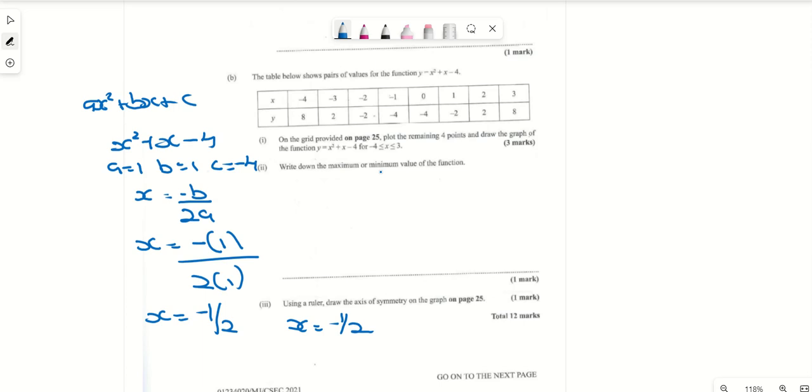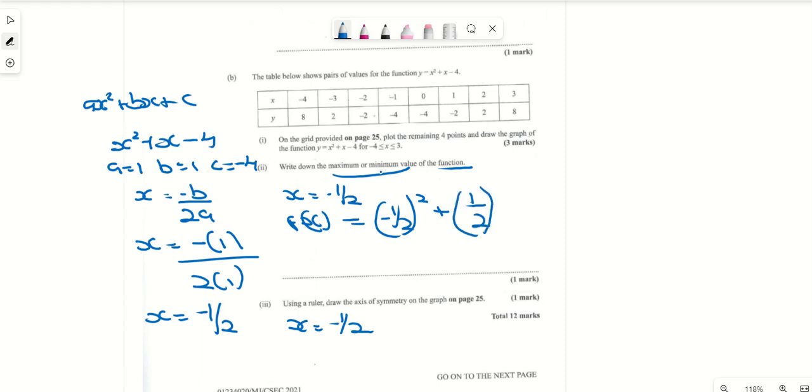And then to find out the maximum or minimum value of the function, if x equals negative a half, then f of minus a half would be, wherever we see x, we're going to put minus a half, right? So it's going to be minus 1 over 2 all squared plus 1 over 2, right, plus x minus 4.